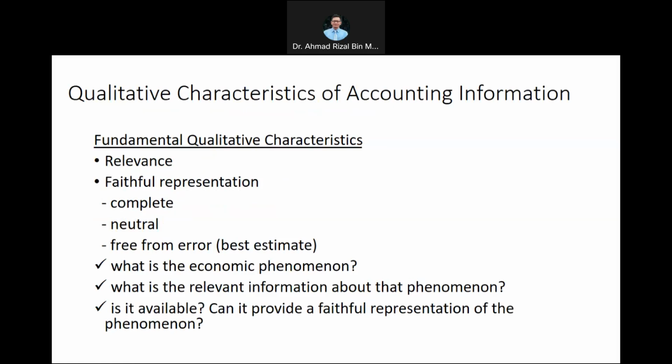Relevance is quite redundant to the earlier point just now, the materiality concept, whereby the information that is being reported is relevant and has value, and if you don't report it, it will make a difference or affect some other financial decisions.